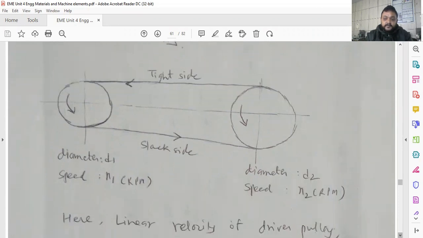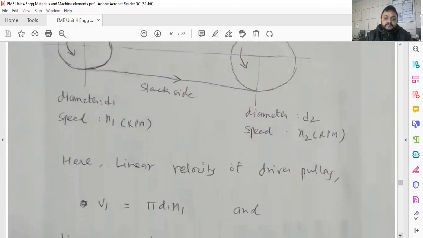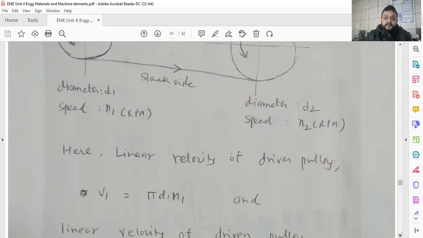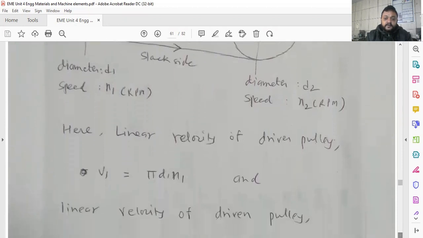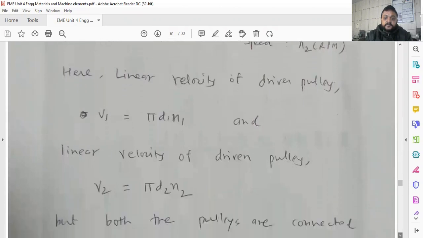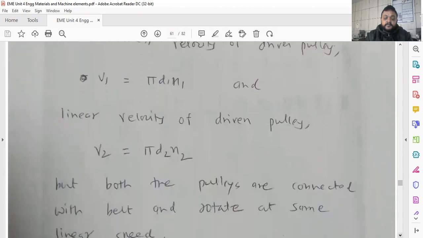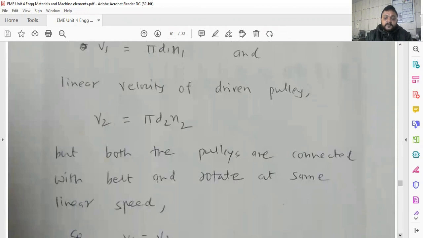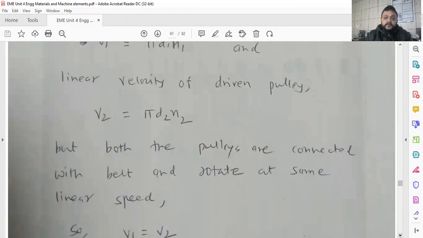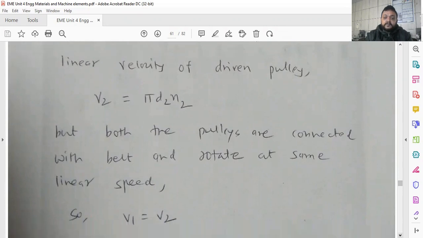Then linear velocity v1 is equal to pi d1 n1, and linear velocity of the driven pulley v2 is equal to pi d2 n2. As both pulleys are connected with the belt, they rotate at the same speed, so v1 is equal to v2.